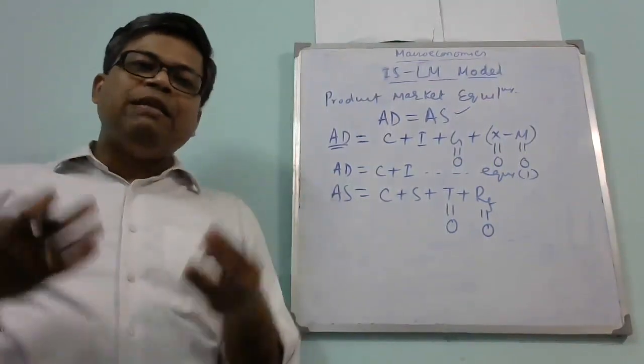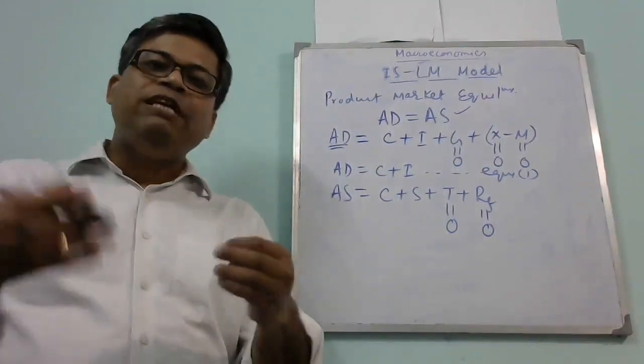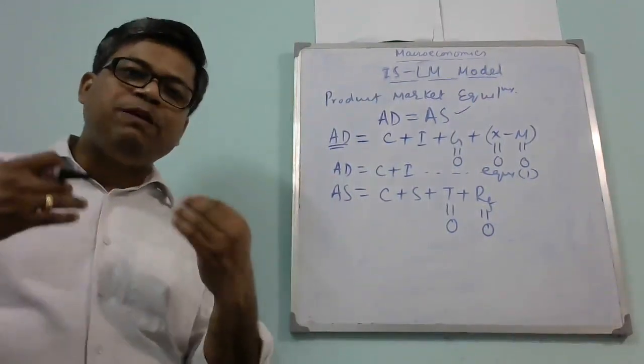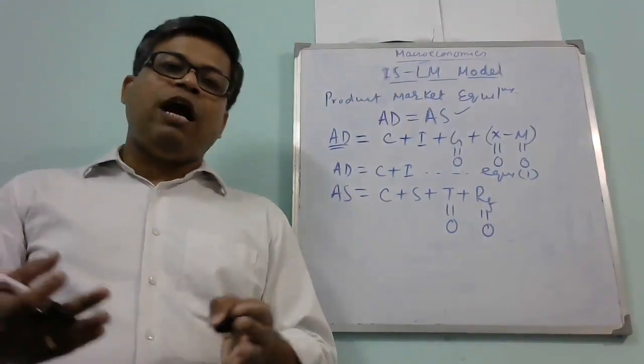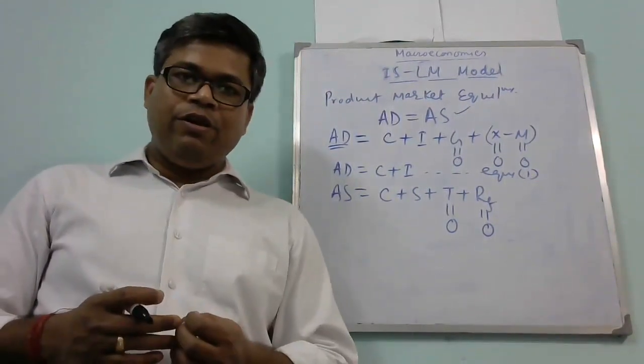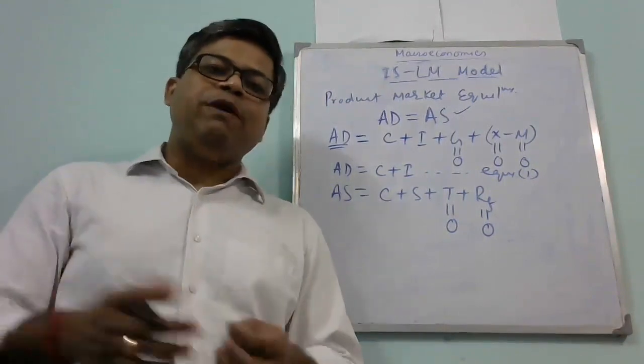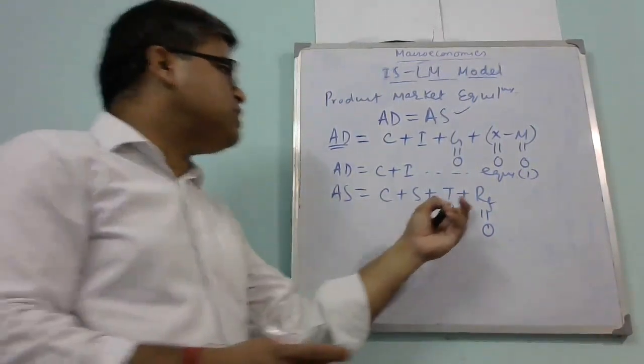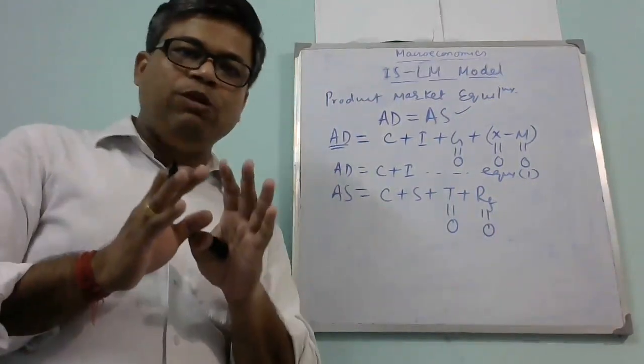Those who are getting the pension, in return they are not giving any output. So it is a kind of transfer payment, or the unemployment dole. These are the transfer payments from the government side. Since the government is absent, the transfer payment will be zero, tax will be zero.